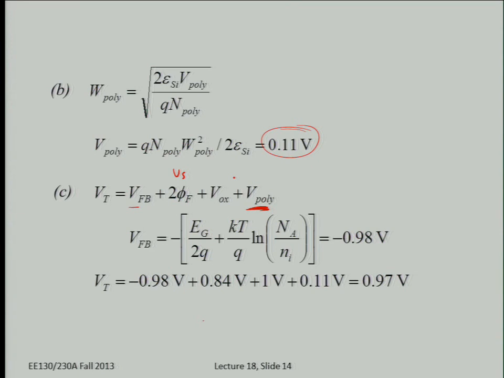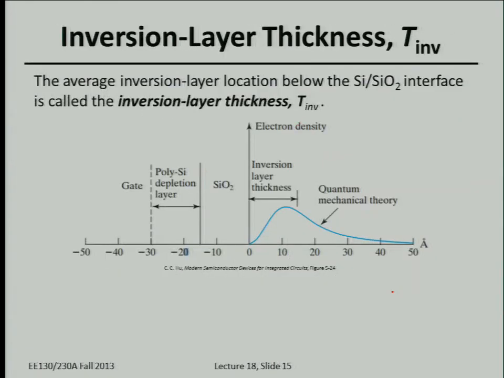So the threshold voltage is going to be higher by 0.11 volts. That means you're going to have to operate your circuit at higher voltage, and that means more power consumption. Okay, that was a simple example.